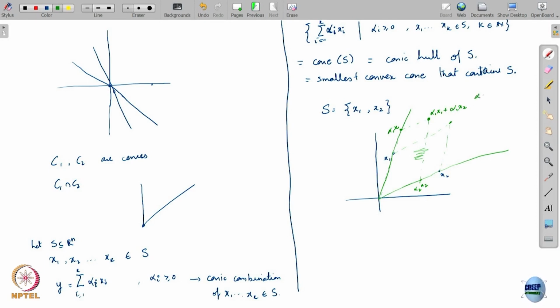As I range over alpha 1, alpha 2 that are non-negative, I will basically span this entire region. So, the conic hull is usually larger than the smallest cone, but it is the smallest convex cone that contains the set; you can see it is self-evident here. The smallest convex cone containing x1 and x2 is this V with the interior in it.